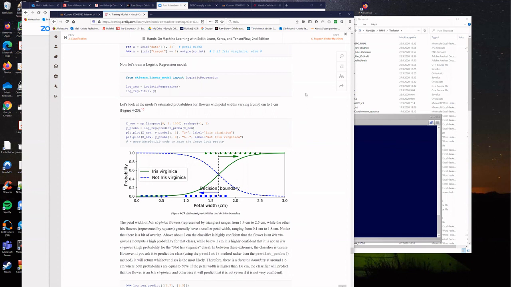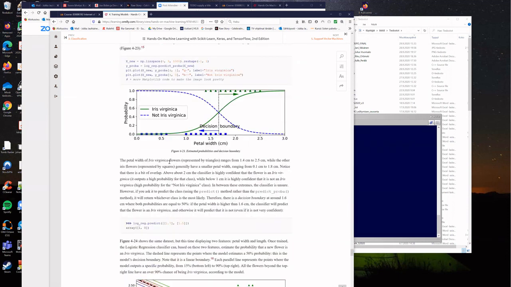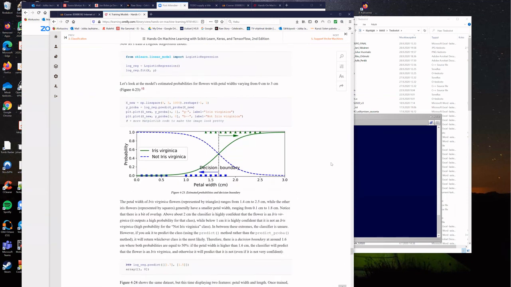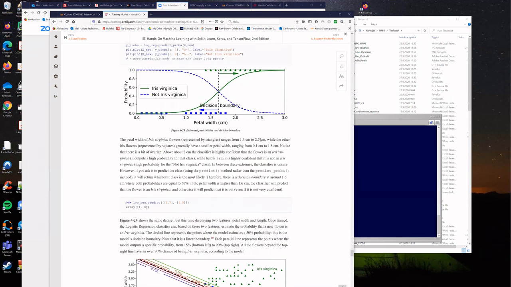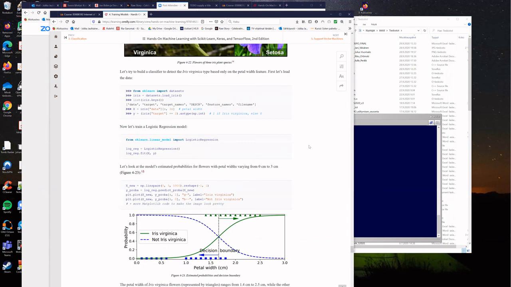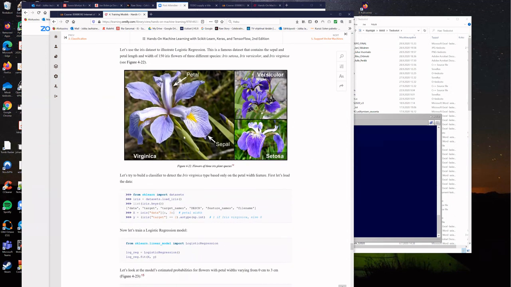And for iris virginica, the petal width ranges from 1.4 to 2.5, while the two other flowers have smaller petal width, from 0.0 to 1.8 centimeters. So it means this width of this petal.